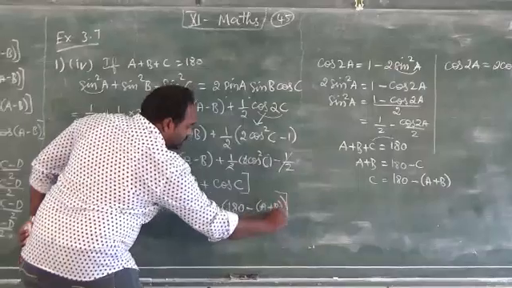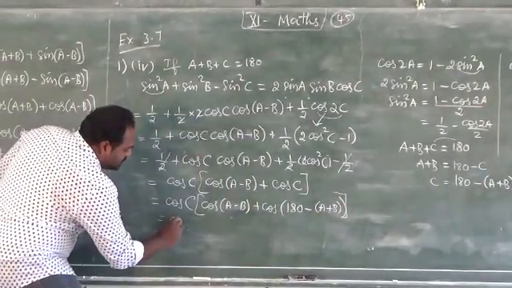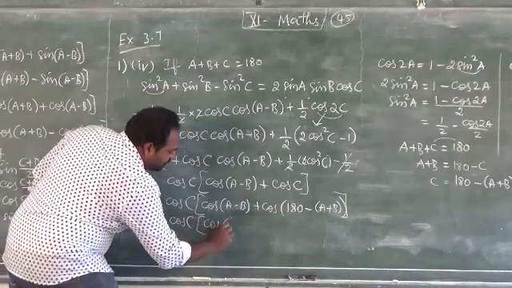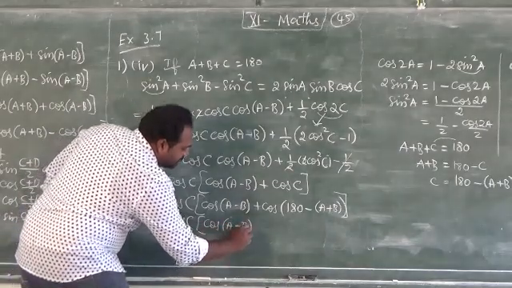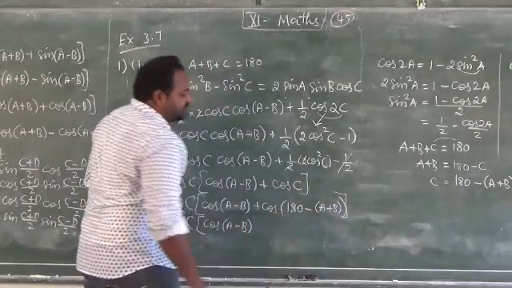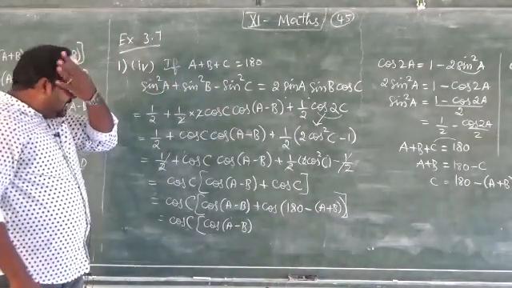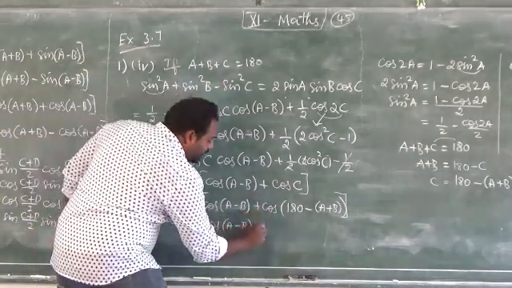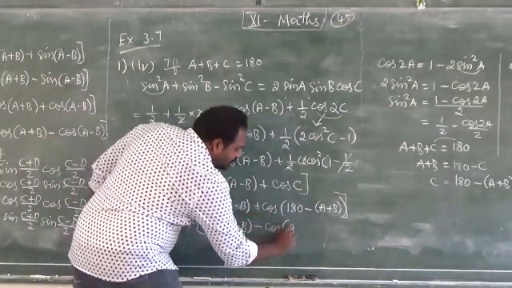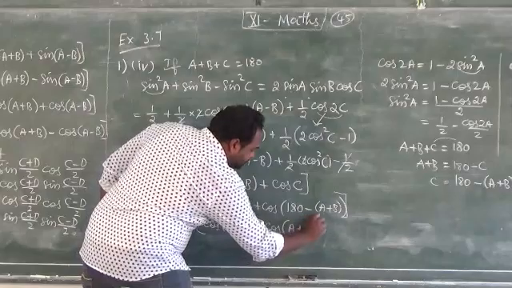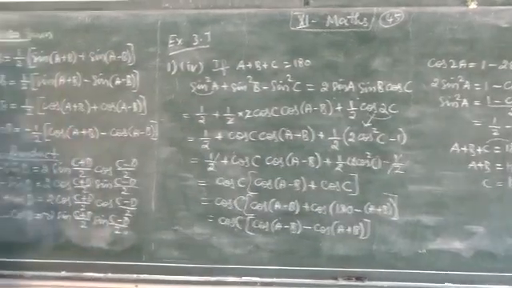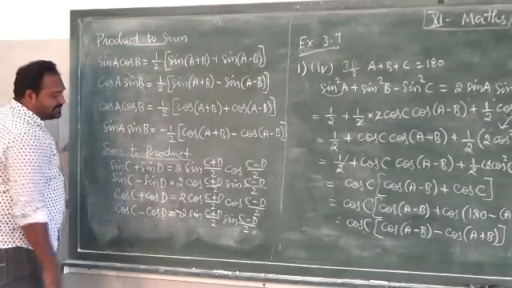Now cos C, this is cos of A minus B. 180 minus, which quadrant? It is a second quadrant, cos negative, so minus cos of A plus B. So minus cos of A plus B. Here we have a cos C minus cos D formula.